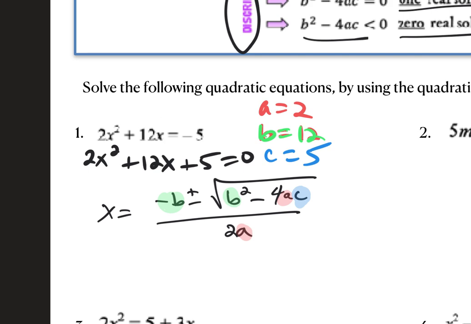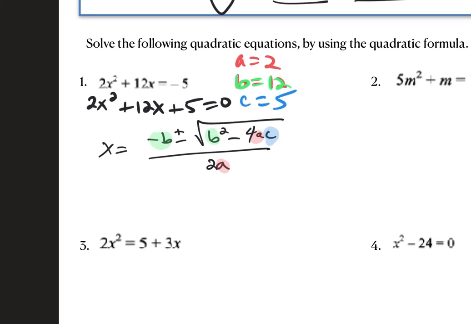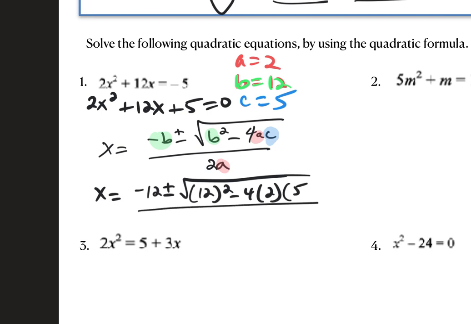So let's go ahead and do that. I have x is equal to negative 12 plus or minus, I'm going to put 12 in a set of parentheses, minus 4 times 2 times 5, all over 2 times 2.